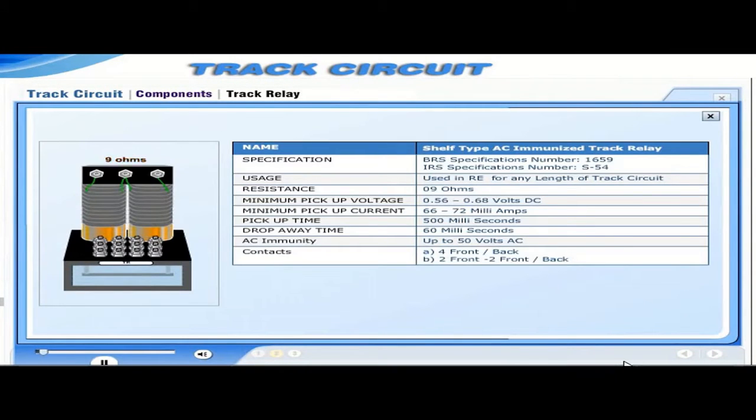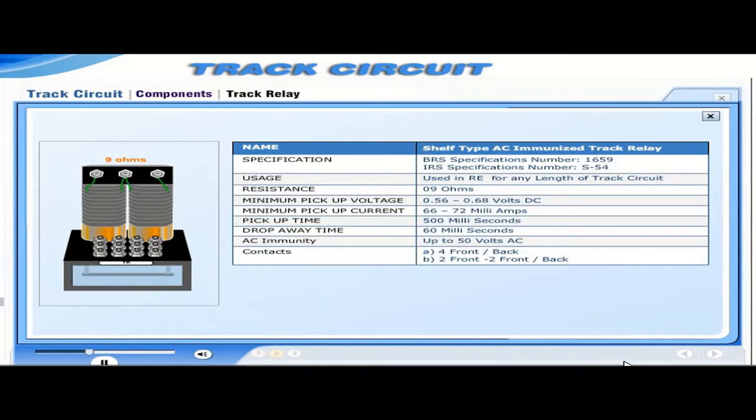Shelf type AC immunized track relay specification. BRS specification number 1659, IRS specification number S54, used in RE for any length of track circuit.